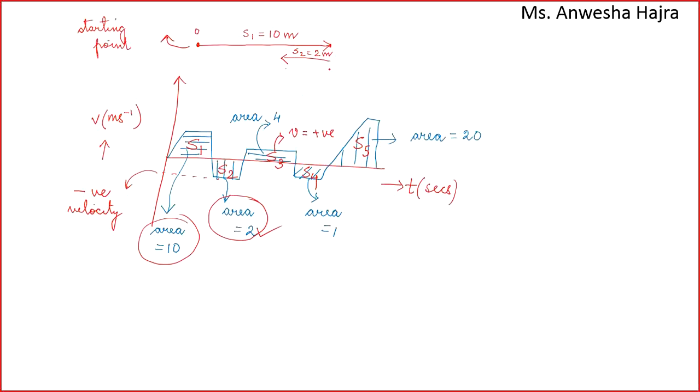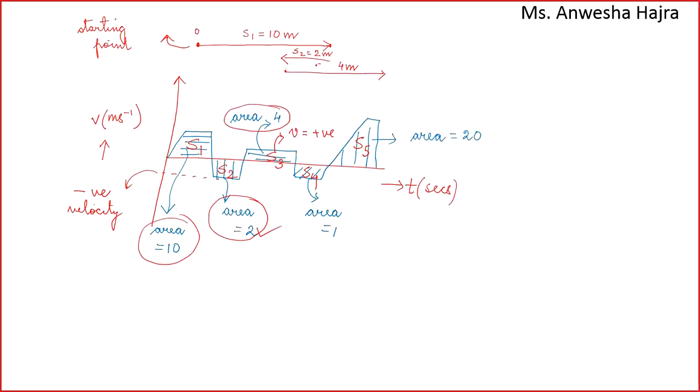So now I'm moving away 4 meters, because the area is 4 and velocity is positive.